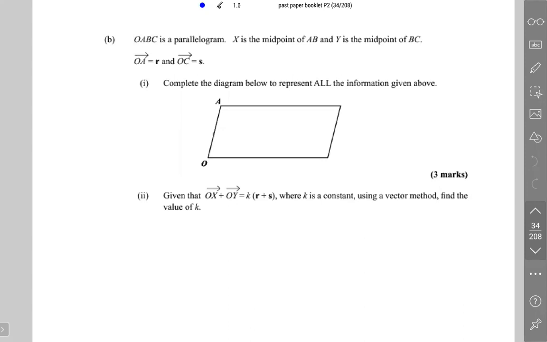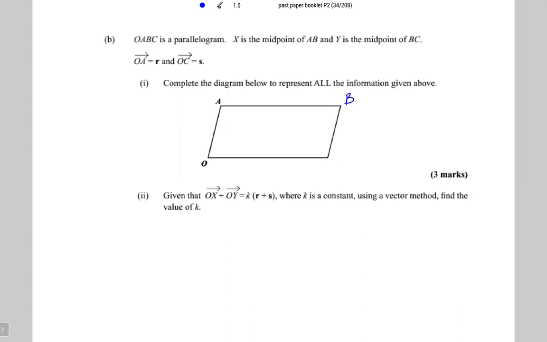So let us say B is going to go here, and C is going to go here. X is in the dead middle of AB, and Y is the midpoint of BC, so in the middle here is Y.